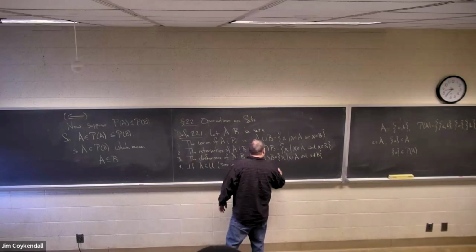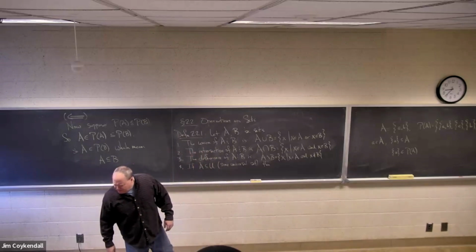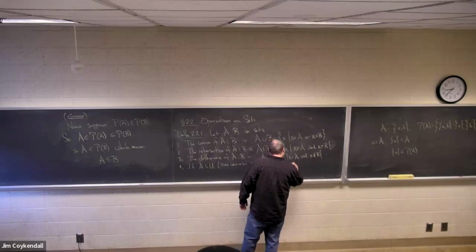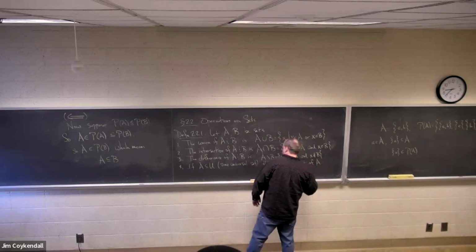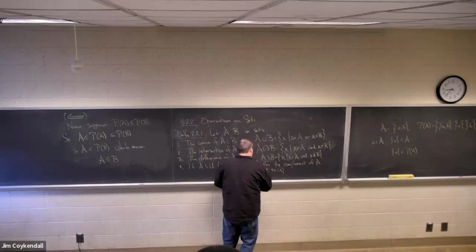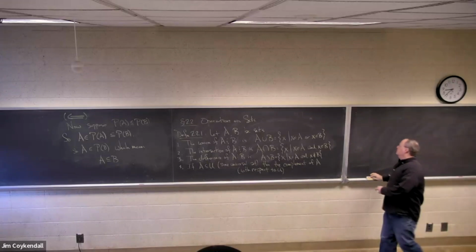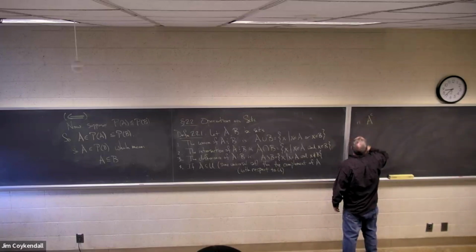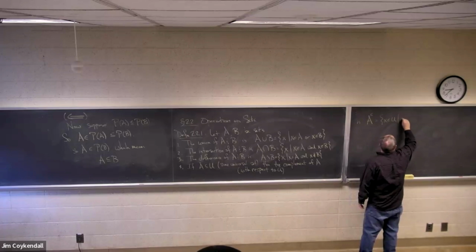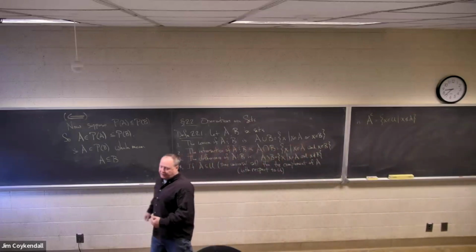Then the complement of A with respect to this universe is sometimes written A with a superscript C. This is the set of everything in the universe such that X is not in A. So it's sort of the opposite of A, if you will. It's everything in the universe that's not in A, right?